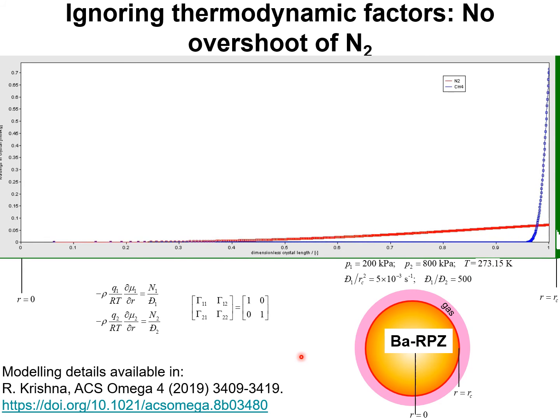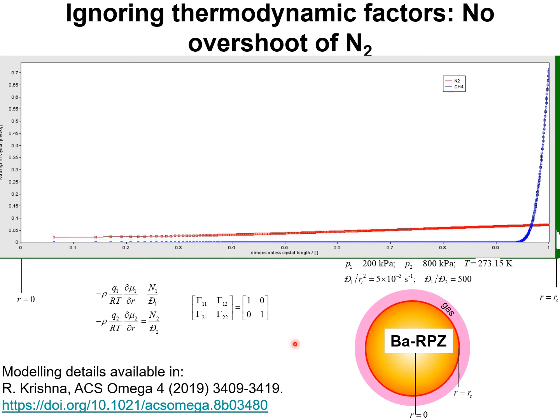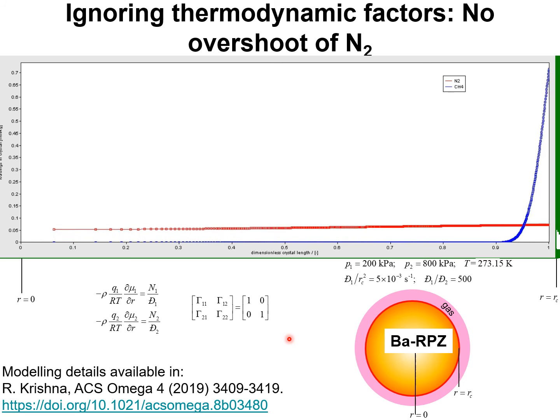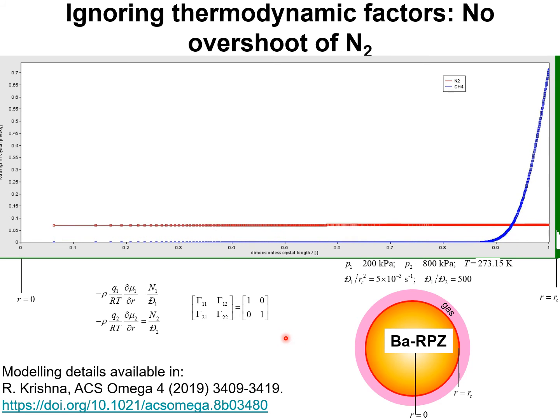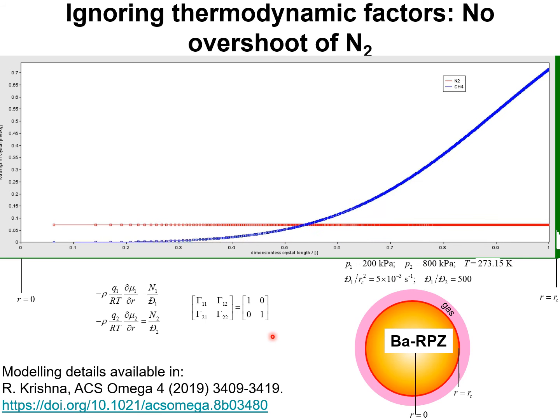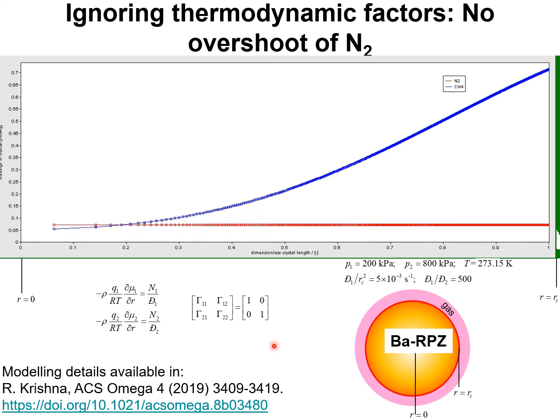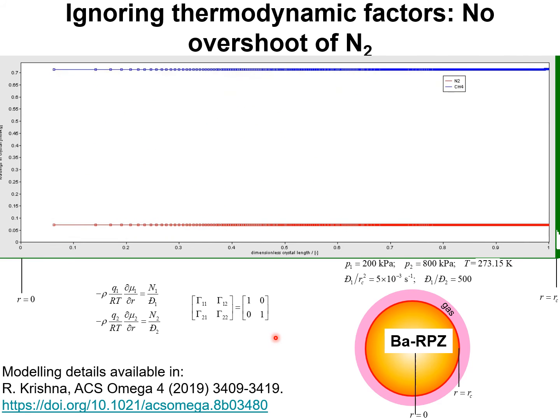So the overshoot that was experienced and demonstrated in the previous slide is attributable to thermodynamic coupling effects that must be duly accounted for in simulating mixture uptake. If we ignore thermodynamic coupling effects, no overshoot of nitrogen is experienced.